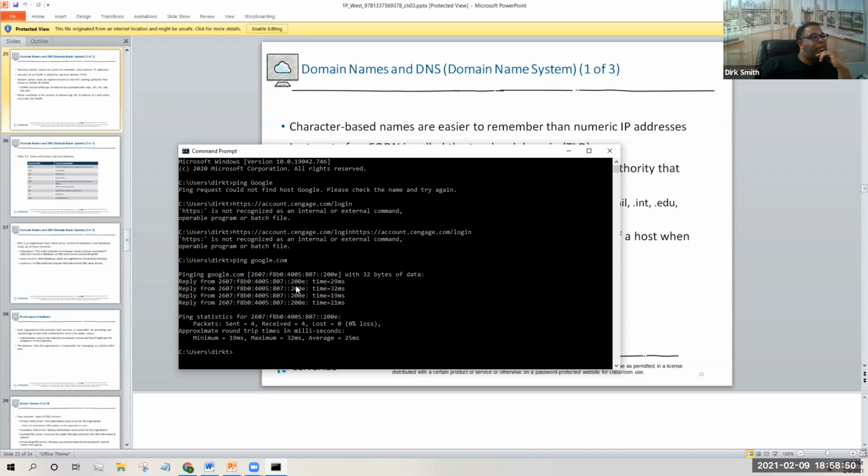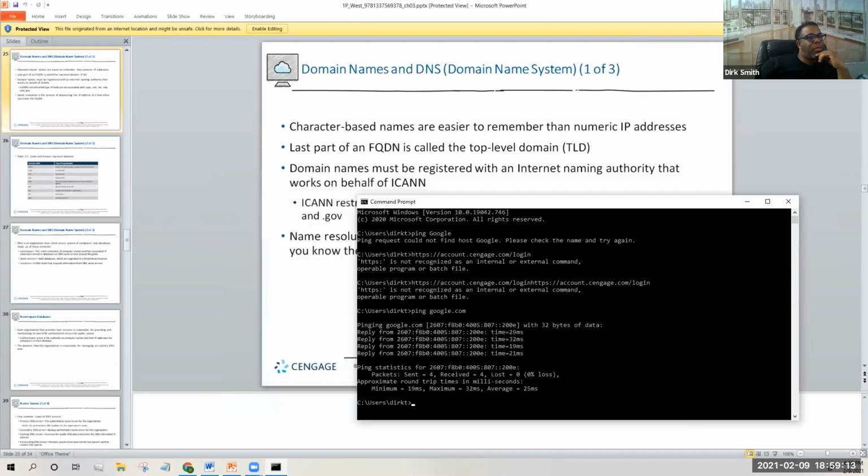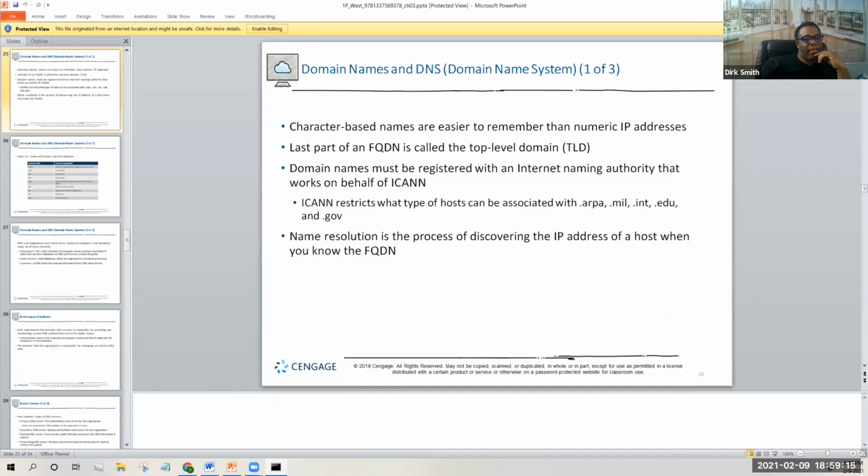We saw that earlier. That is Google's IP address. So when I put in google.com, the DNS server says, oh, google.com, let me see what's going on with that. Okay, this is its address. Now let me go over to Google and communicate with Google like that.